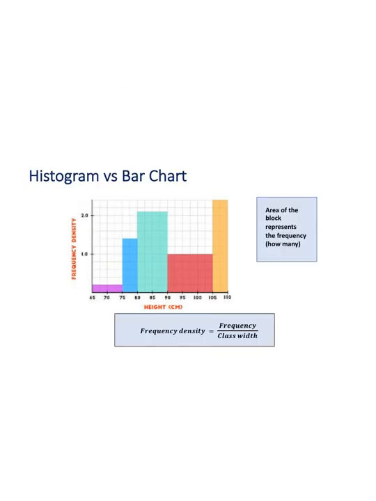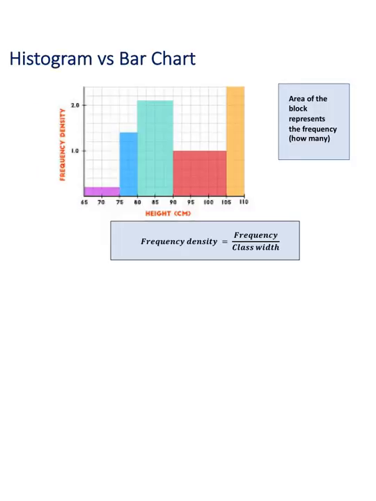On this slide here we've got the histogram, and the class widths are all different. The first class width goes from 55 to 75, which is 10, and then the second bar has a class width of 5. So in this case, we then need to go on and work out the frequency density, which we plot along the y-axis here.